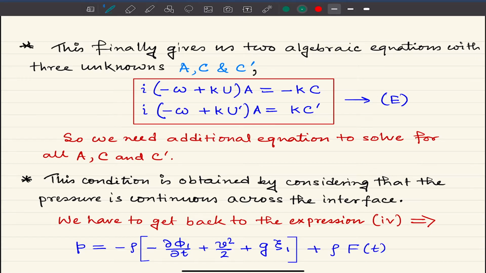So we continue our discussion on the instabilities in the interface of two fluids. As previously we saw, using a plane wave type of solution for the perturbations, we got two equations.